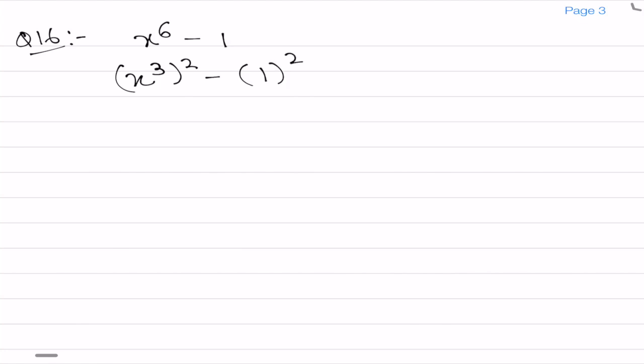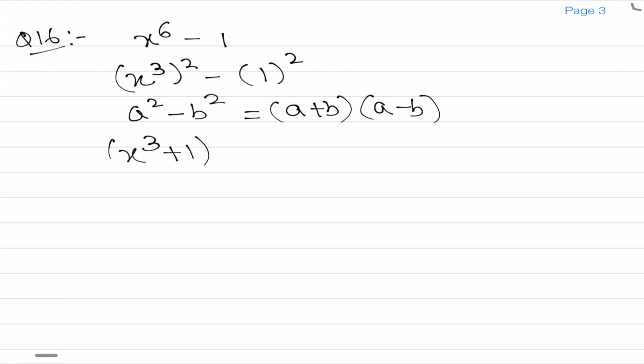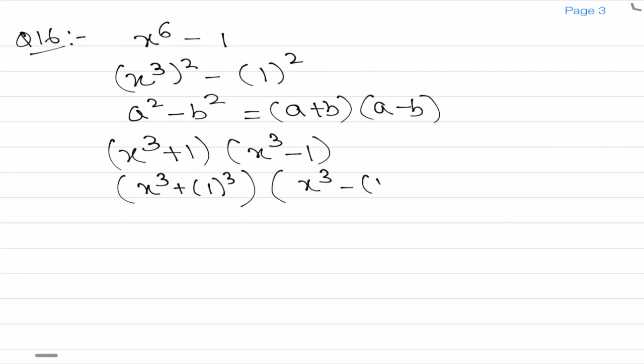Which identity will we use here? a square minus b square equals a plus b into a minus b. So it becomes x cube plus 1 into x cube minus 1. Now both the factors we can further factorize by using the sum or the difference of cubes. So here it becomes x cube plus 1 whole cube into x cube minus 1 whole cube.